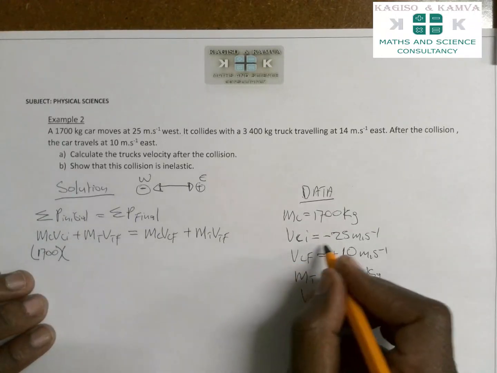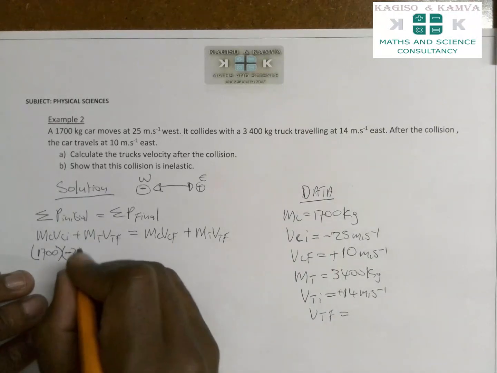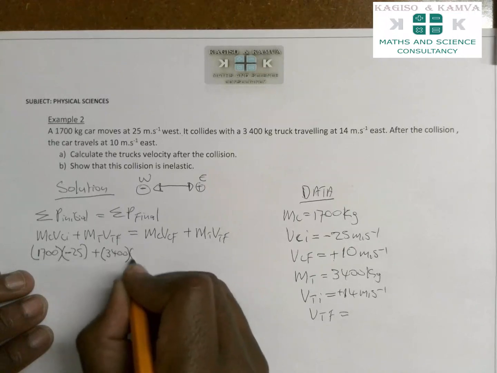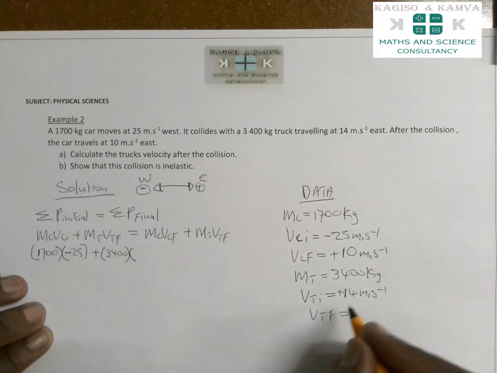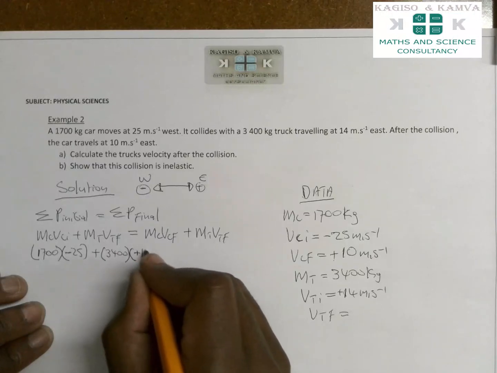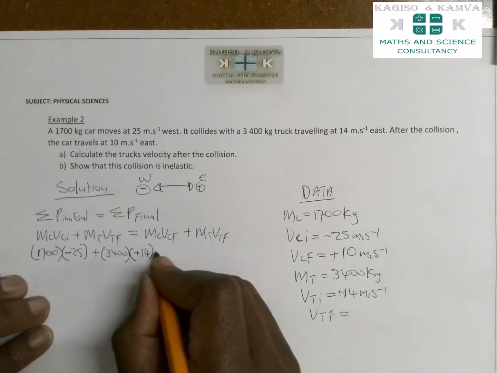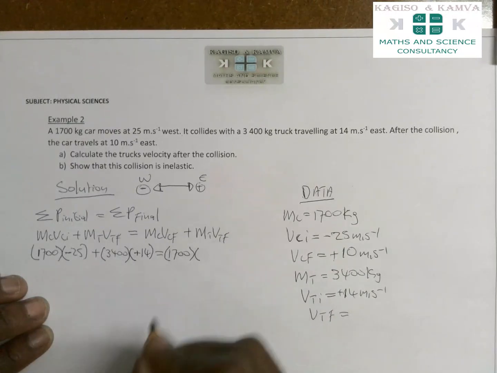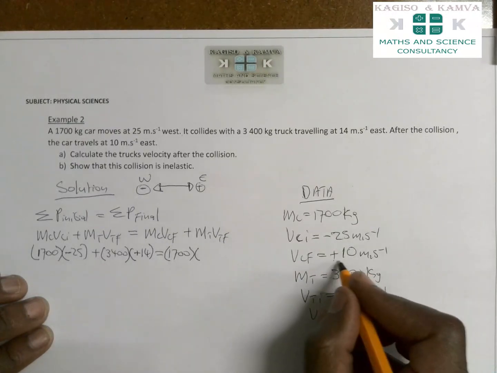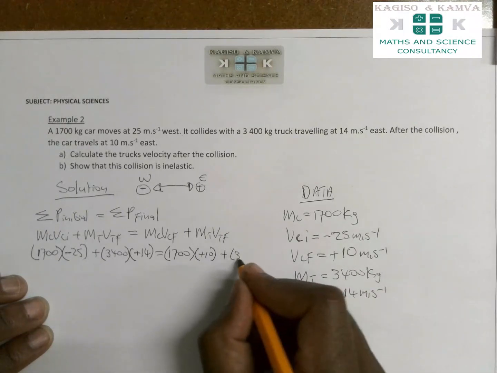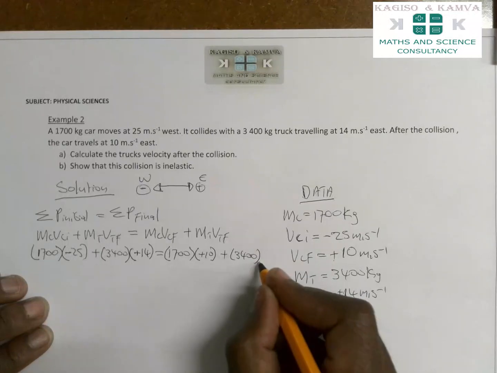The mass of the car is 1,700 times negative 25, plus 3,400 times positive 14, is equal to 1,700 times the final velocity, which is positive 10, plus 3,400 times the final velocity of the truck.